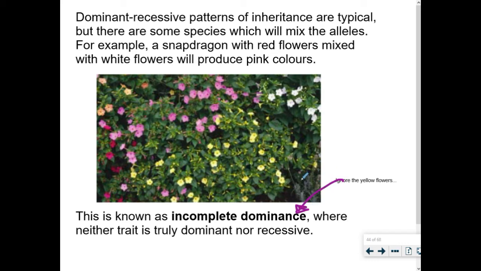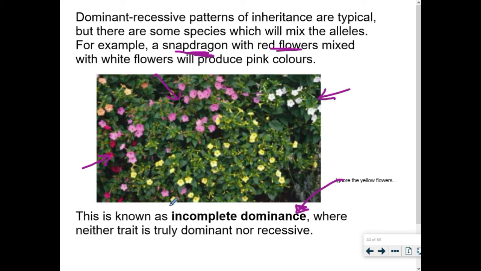It's actually possible, and this picture right here is pretty cool, for a snapdragon to have red flowers, and I think red is hidden over here. You can also have white flowers over here, and when those genes mix, you get pink flowers. And the picture I found had yellow on it as well. But the rules that I gave you are not 100% firm rules in all cases. Does that help answer your question?